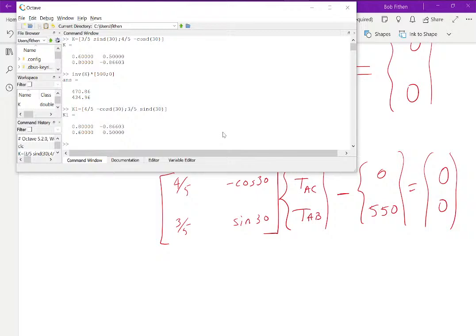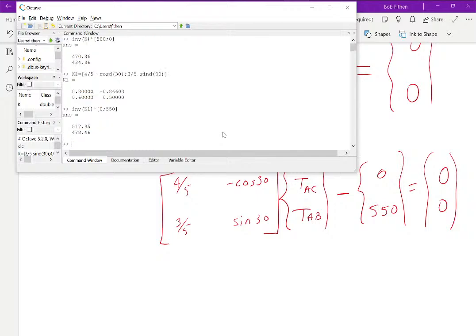Then I moved the 550 to the right hand side and inverse K1 times what appears to me to be 0 and 550.